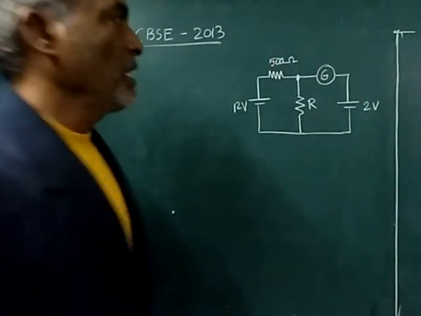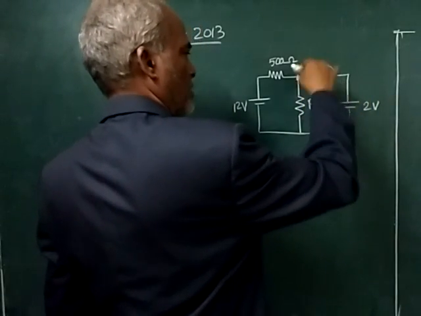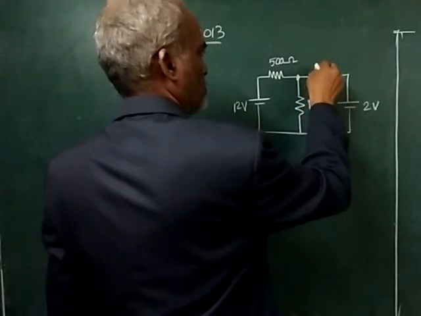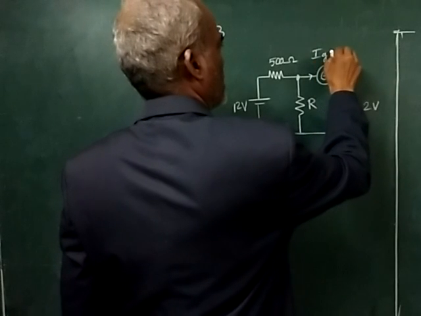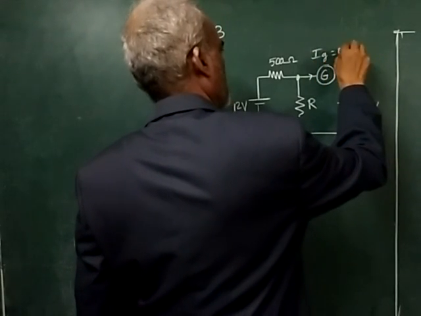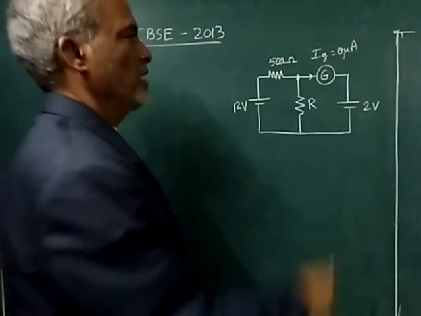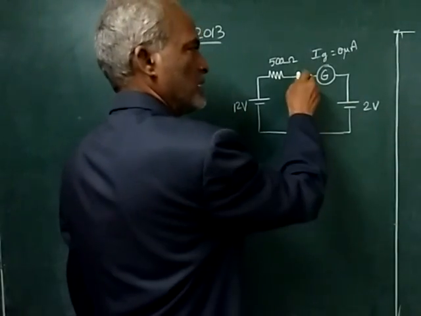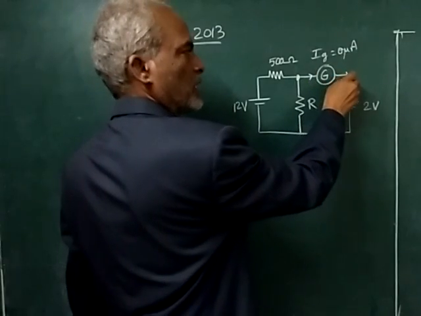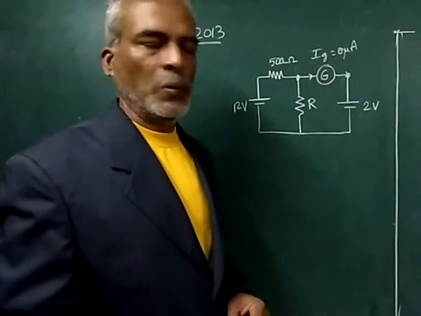Given data: the current through the galvanometer, maybe this side or this side, is equal to 0 microamps. No current. If there is no current, that means this potential and this potential have to be the same. Then only current will not flow.